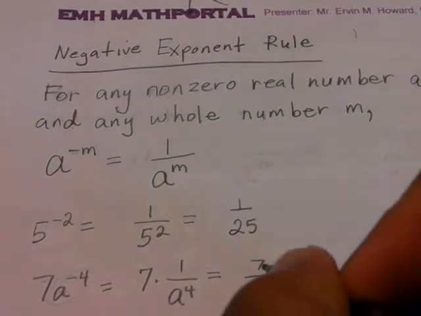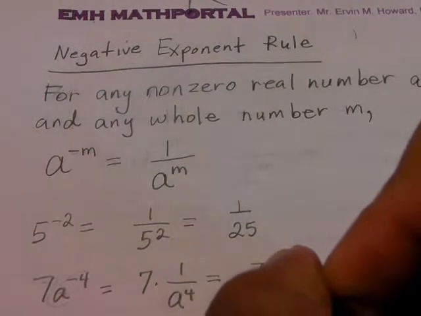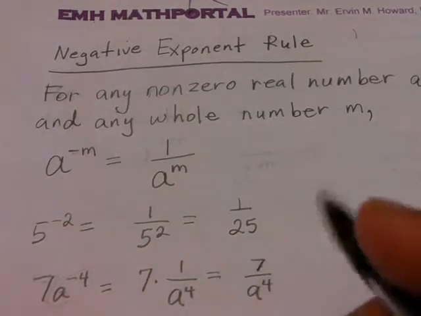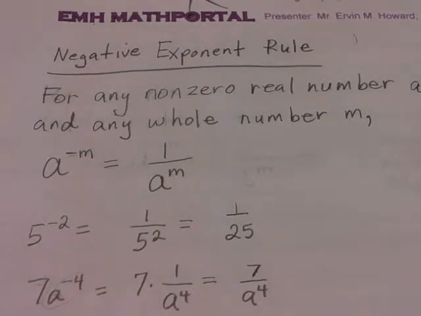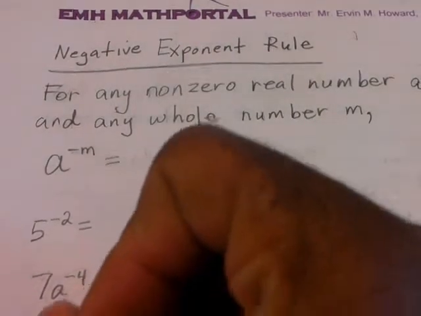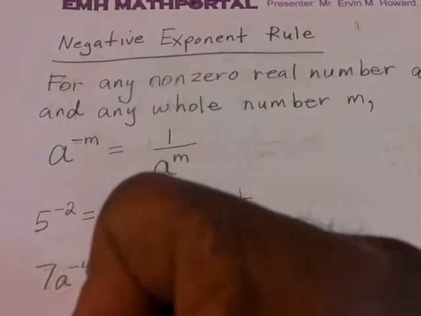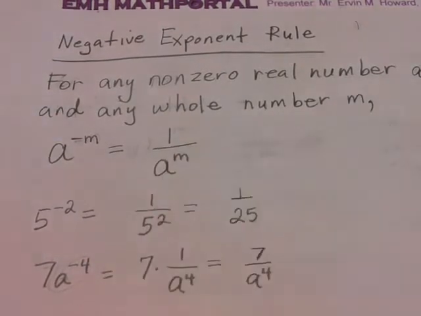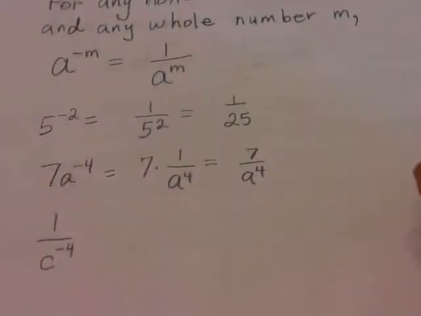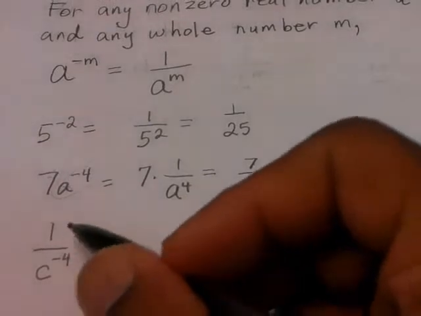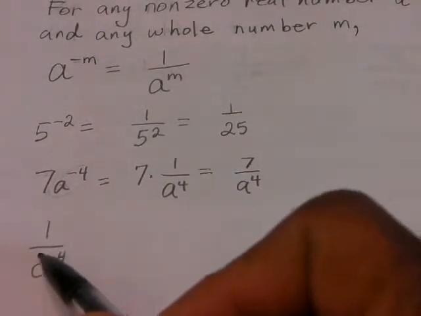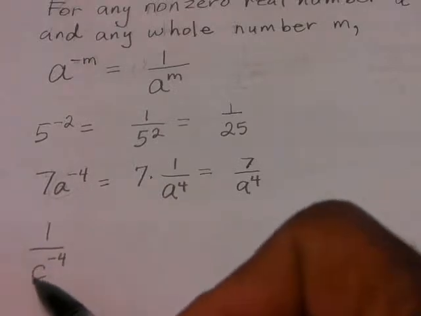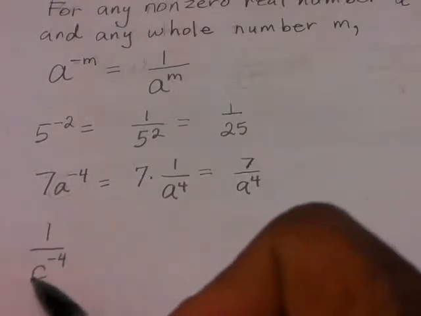Any questions? I'll try to set up my blog so that if you have any questions, you can post them as soon as I get my math blog together. All right, let's try one more. We're going to have 1 over c raised to the power of negative 4. This time we have c raised to negative 4 in the denominator.